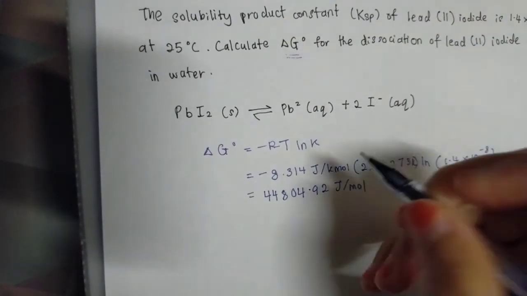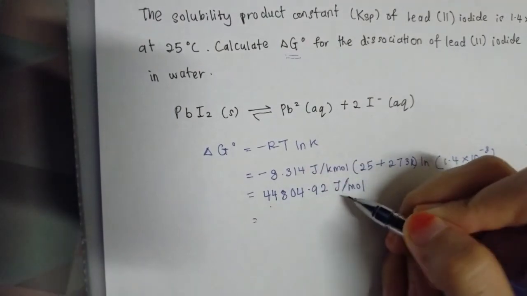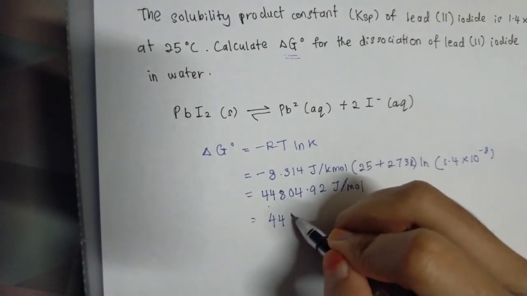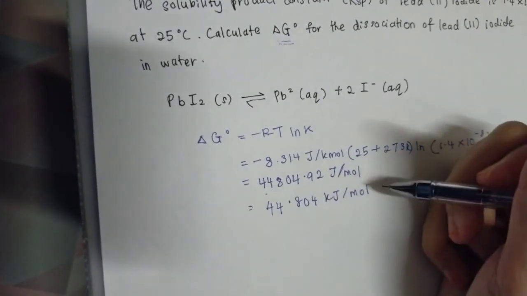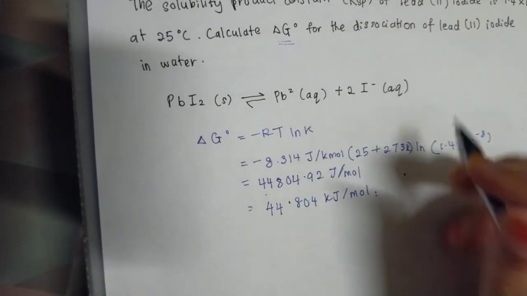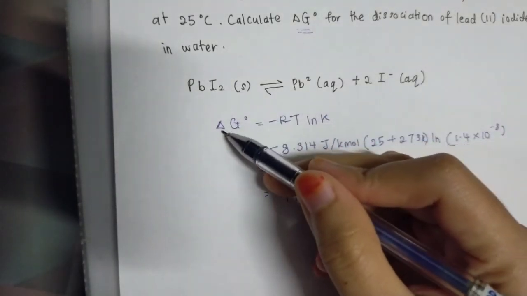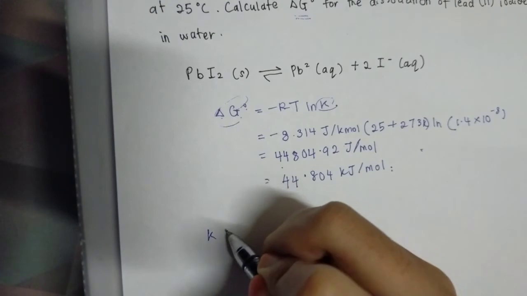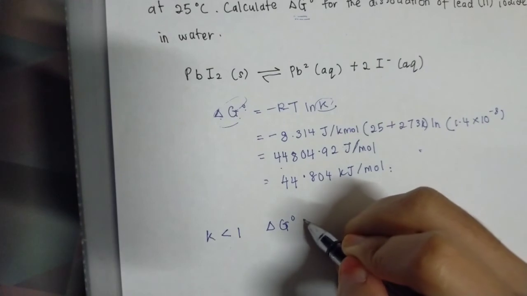In this case, we need to change the unit to kilojoule. So it's going to be 44.804 kilojoule per mole. So this question really describes the relationship between the delta G naught and the K. As the K is lower than 1, the delta G naught will be greater than 0.